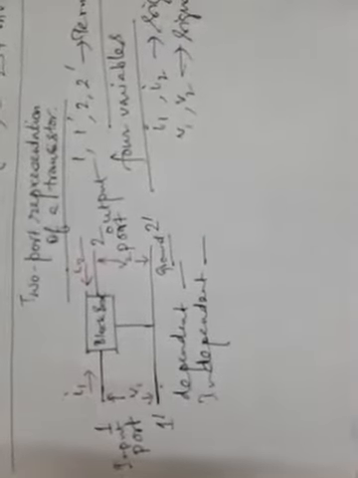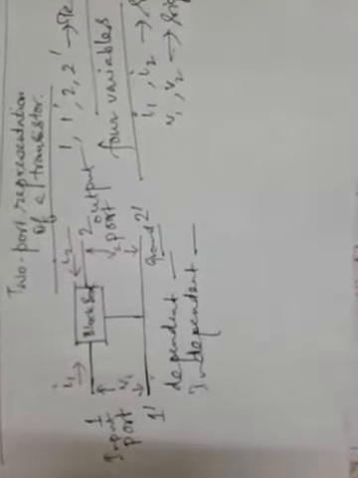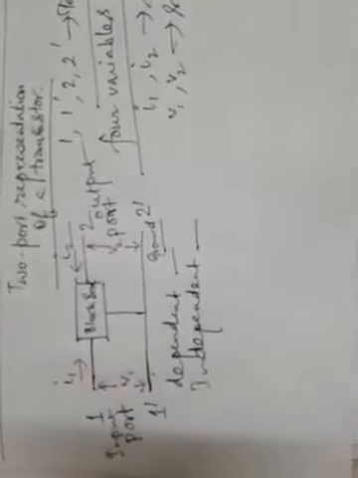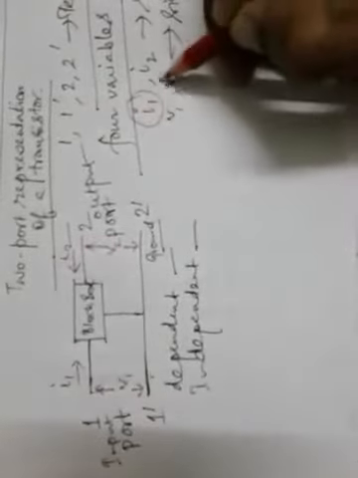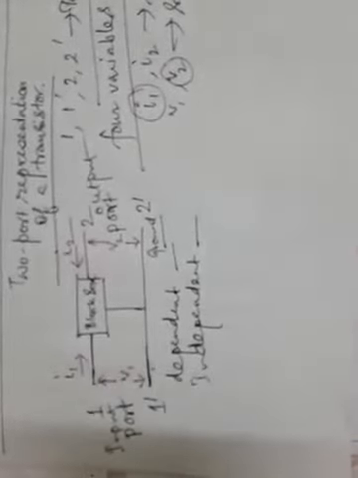However, for transistors it is preferable to take the input signal current I1 and the output signal voltage V2 as the independent variables. So what I have told, I once again repeat, it is preferable for transistors to take I1 and V2, that means input signal current and output signal voltage. That means this one and this one should be considered as independent variables.